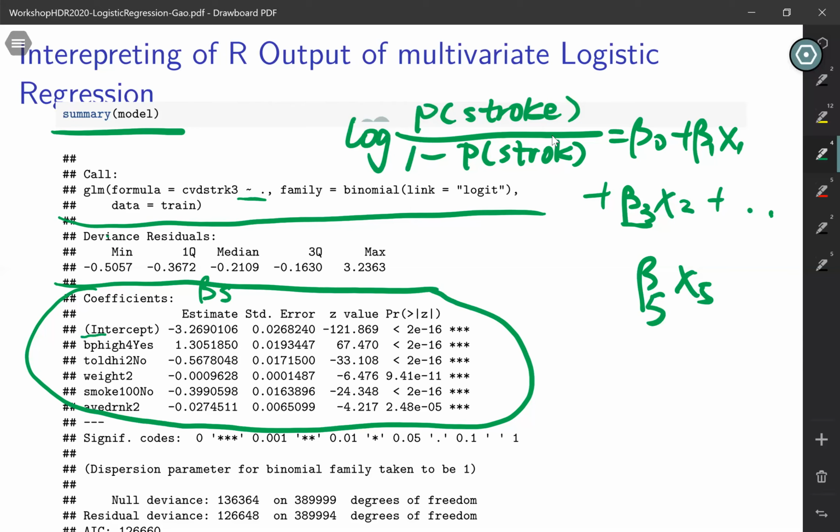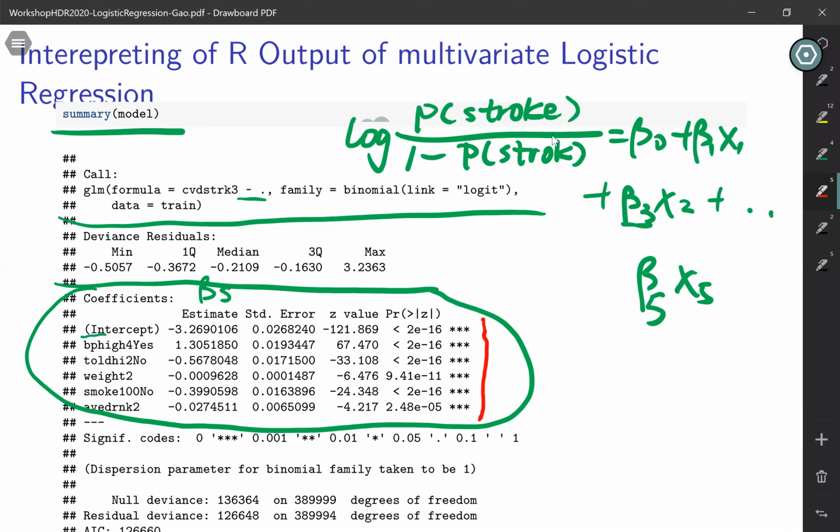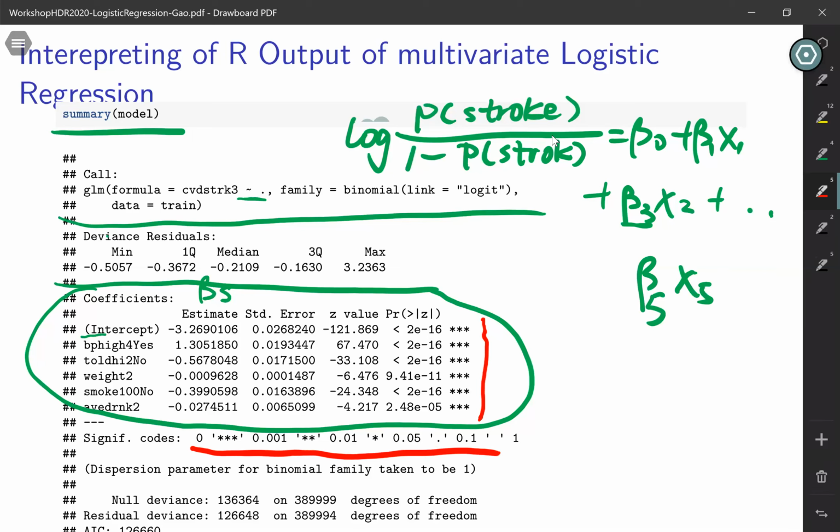You may also have heard of p-values. Each coefficient number is associated with a p-value, and all those p-values are highly significant because they are less than any significance level here, even less than the most conservative level, 0.001.